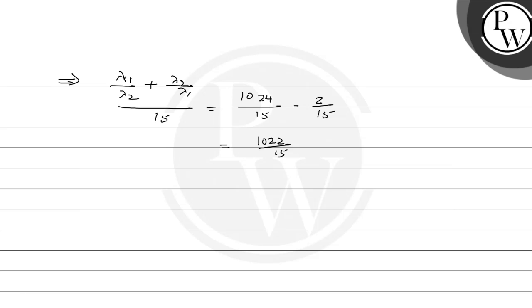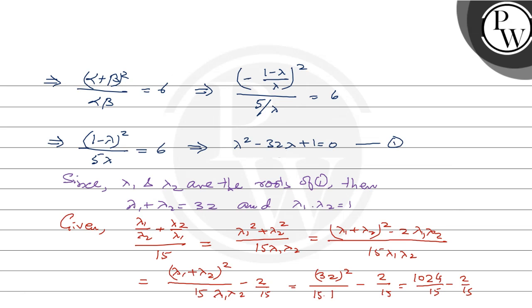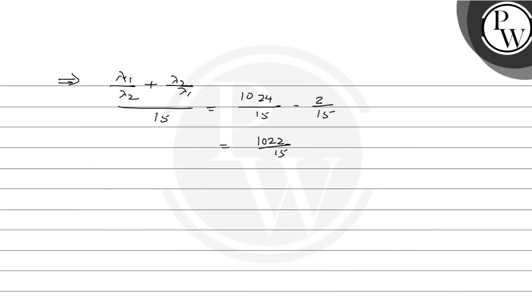Am I right? So minus 2 over 15, right? 32 square, 32 is from here, and lambda 1 lambda 2 I have kept as 1. So 15 times 1 and minus 2 and this one, right? So our final answer is 1022 divided by 15.